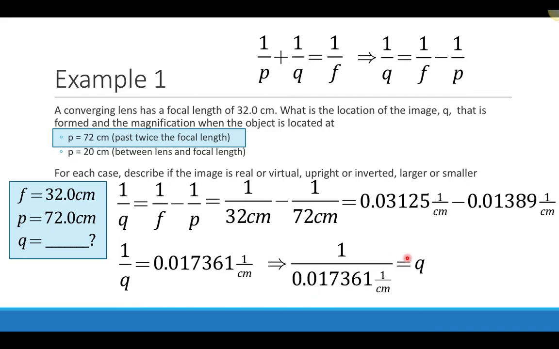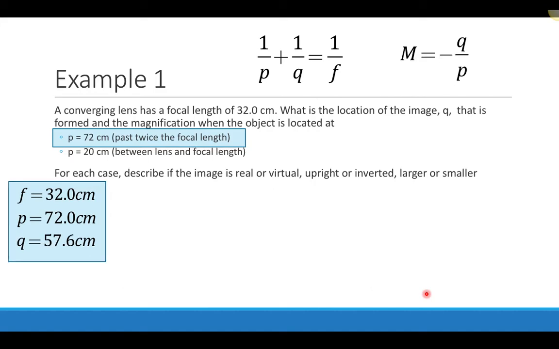If I cross multiply, I bring the number down to the bottom and bring the image distance up to the top. I get that the image distance is 1 over 0.017361. If I divide 1 by that number in my calculator, I get that the image is located a distance of 57.6 centimeters from the lens. So I have determined what the image distance is.